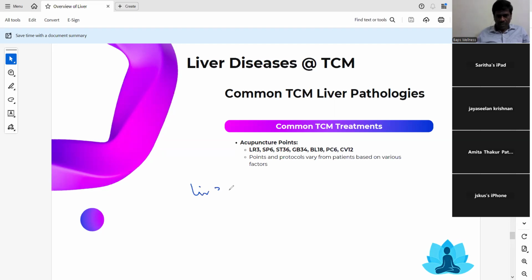If you take liver 3, with that you will go ahead with GB37, or liver 5 with GB34.